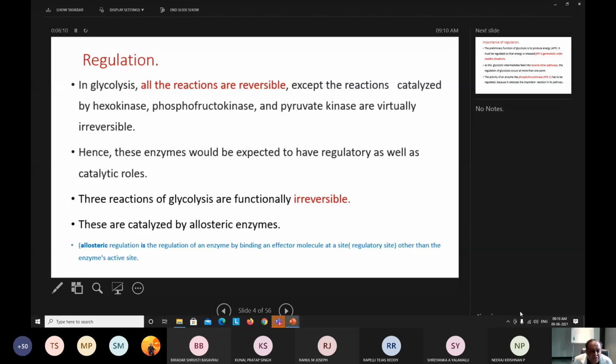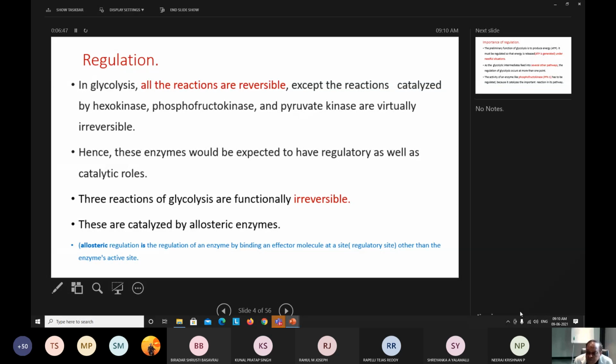In glycolysis, all the reactions, as I said, are reversible, except the reactions catalyzed by hexokinase or glucokinase, phosphofructokinase and pyruvate kinase. These three reactions are catalyzed by allosteric enzymes.